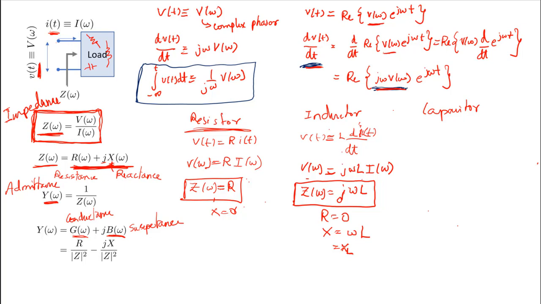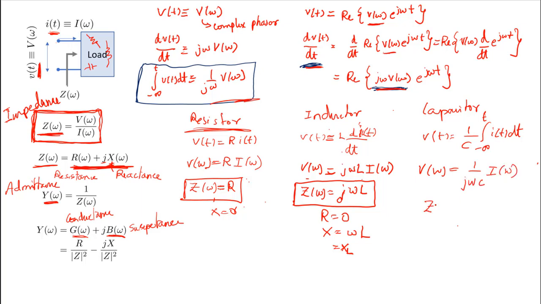Similarly, we can do the same thing for a capacitor, where the voltage across the terminals of the capacitor is 1 over C times the integral from minus infinity to t of I of t dt. Due to the phasor representation, we can write the voltage in the frequency domain as 1 over j omega C times I of omega.